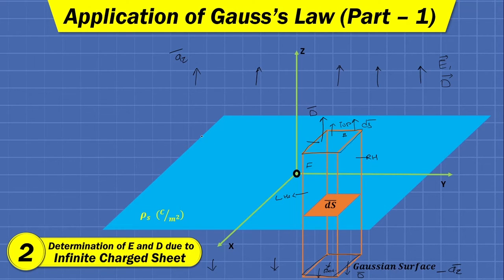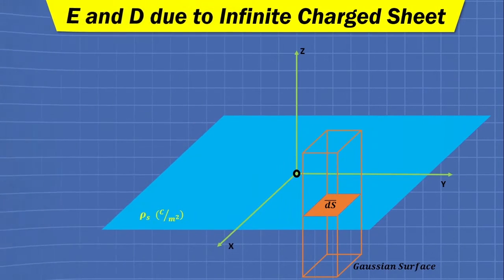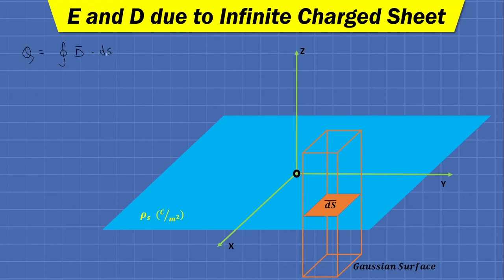Okay, writing the form of Gauss's law, Q equals closed surface integration D bar dot dS bar.